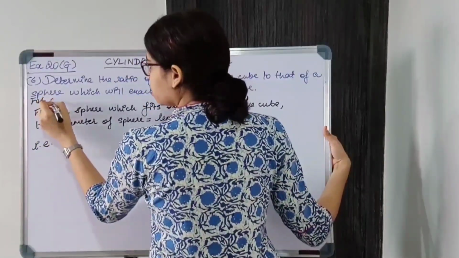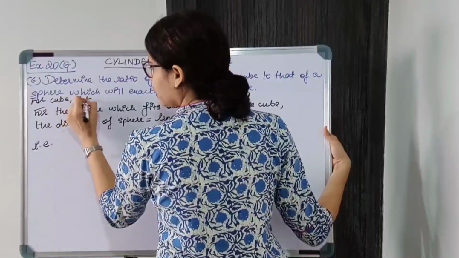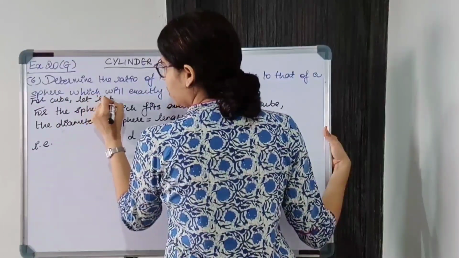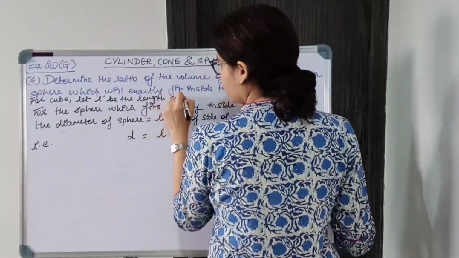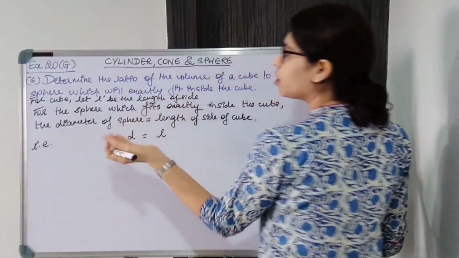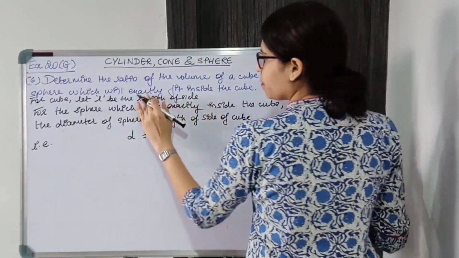For the cube, let L be the length of the side, or let L be the side of the cube.